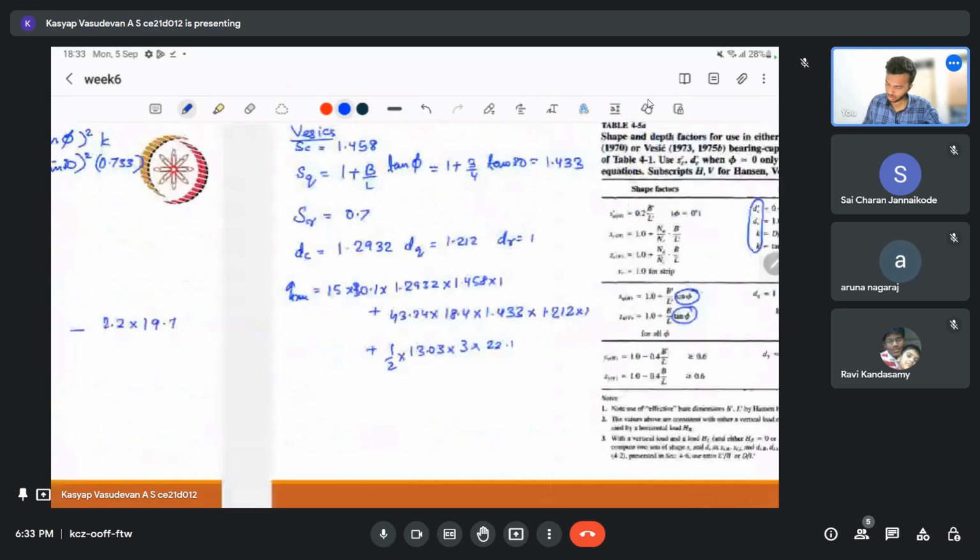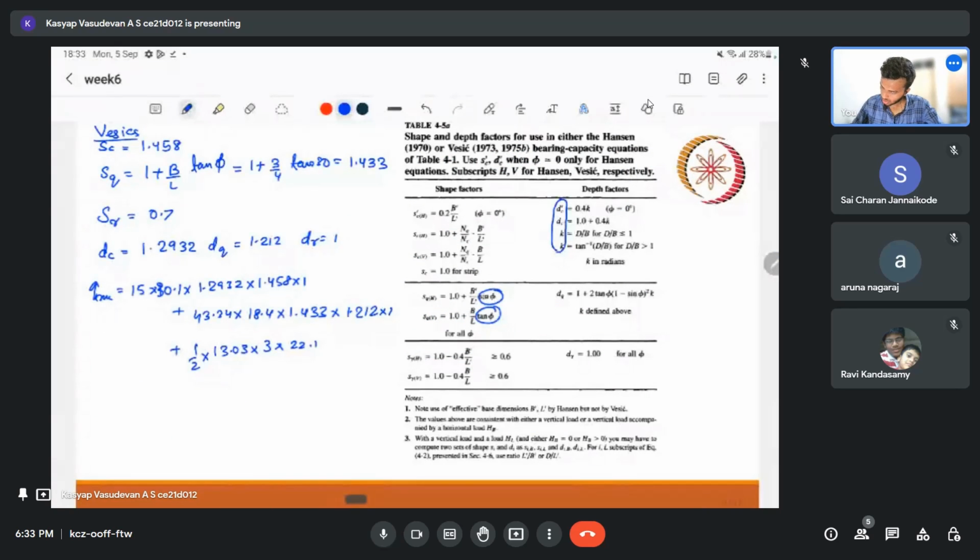So here N gamma is 22.4 into 0.7 into 0.1 into 0.1. And we have to subtract it by gamma Df, that is into 19.7. So whatever is left, qnu is equal to 2500.6.